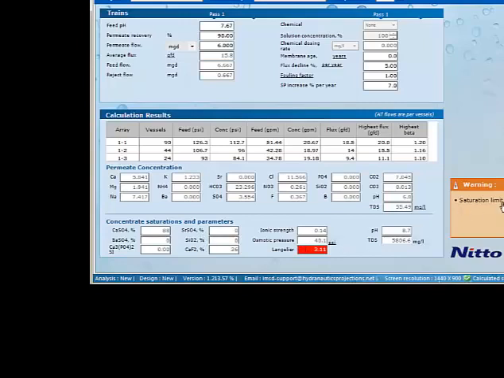So we do have a saturation limit exceeded, and so it looks like we're going to have some scalant that could be built up onto the periphery of the membrane, and probably would need to use a chemical anti-scalant that's on here. So it'll still run without that, but that Langelier saturation index is quite high, and so we may want to consider putting that into our system.